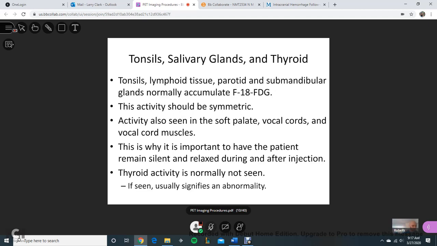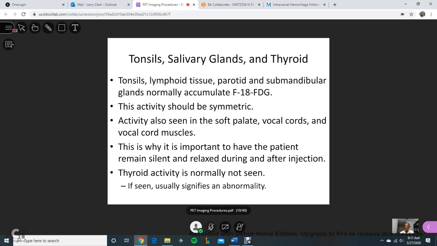All right. Tonsils, salivary glands, and your thyroid. The tonsils, lymphoidal tissues, parotid, and submandibular glands normally accumulate FDG. This activity should be symmetrical. Activity is also seen in the soft palate, vocal cords, and vocal cord muscles. This is why it's important to have patients remain silent and relaxed during and after injection.